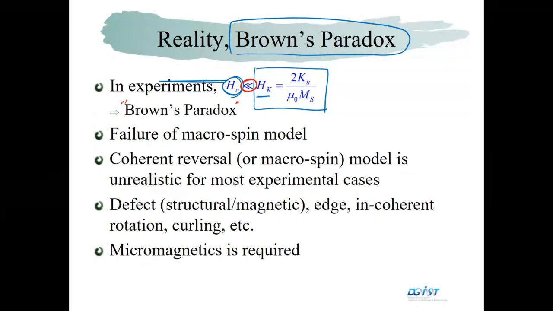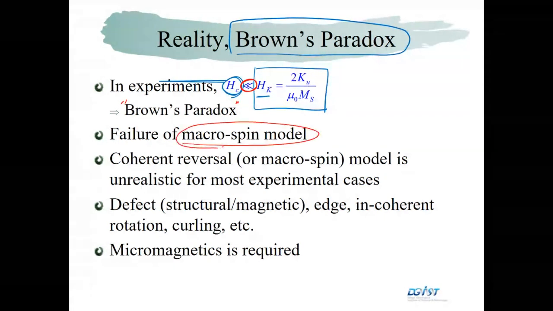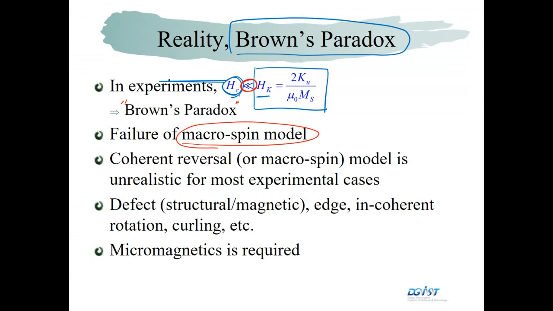That implies failure of the macrospin model, and that can happen because of the nucleation of the reverse domain at an imperfection point. So that means the coherent reversal model, or macrospin or single domain model, is unrealistic for realistic cases because the defect, or edge, or incoherent rotation and curling effects are sometimes dominant.